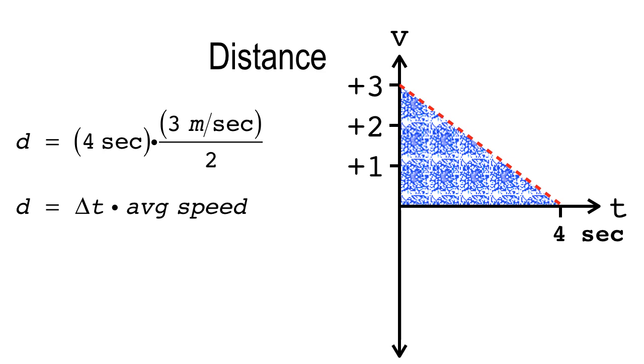So 3 meters per second divided by 2 is the average speed. And the amount of speed that you've lost is also A delta t. So the amount of speed that you've gained is A delta t divided by 2. That's the average speed now.